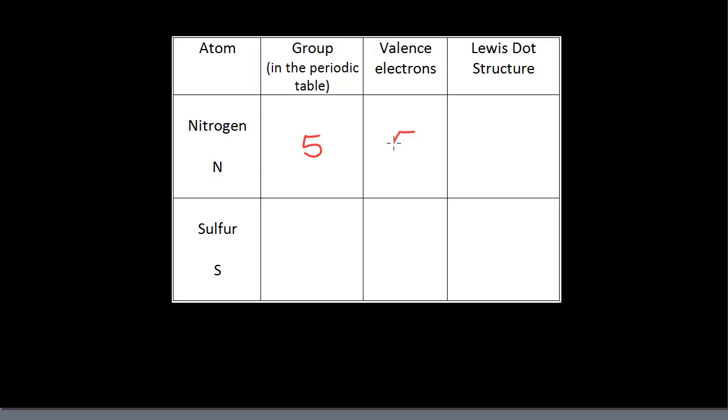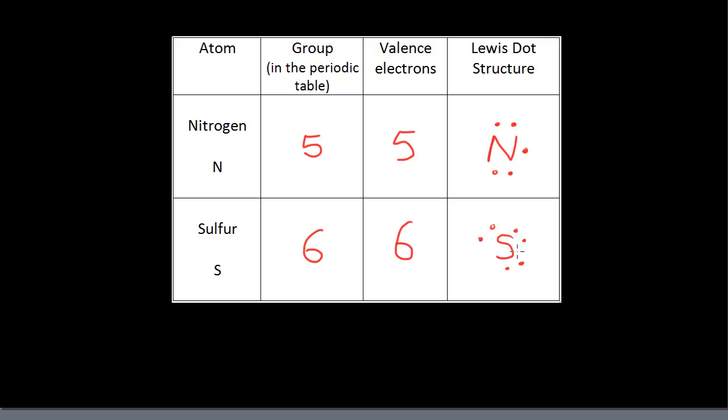It has therefore 5 valency electrons, and so I write N with 5 dots around it. It doesn't really matter where you put the dots as long as you have the correct number. And sulfur is like oxygen in group 6, so it has 6 valency electrons, and so I put 6 dots around sulfur.